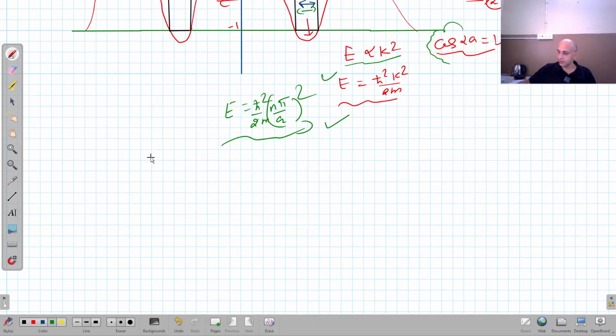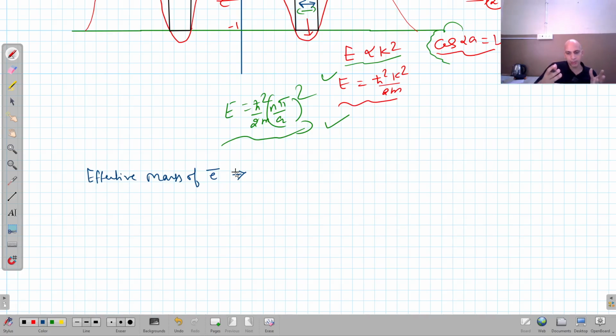Now I am going to the next topic, that is effective mass of electron. Effective mass of electron means while moving through the crystal, the electron behaves differently than a free electron, right?